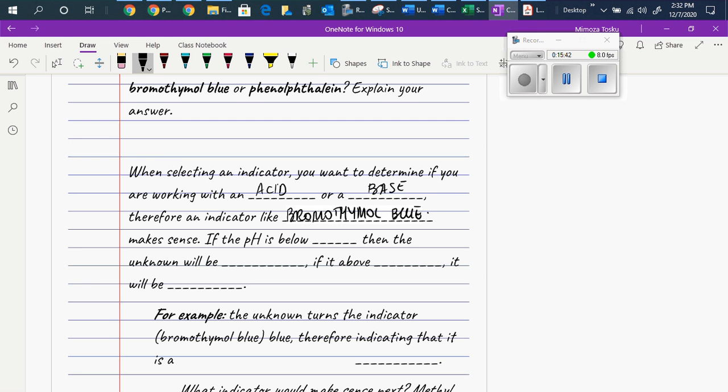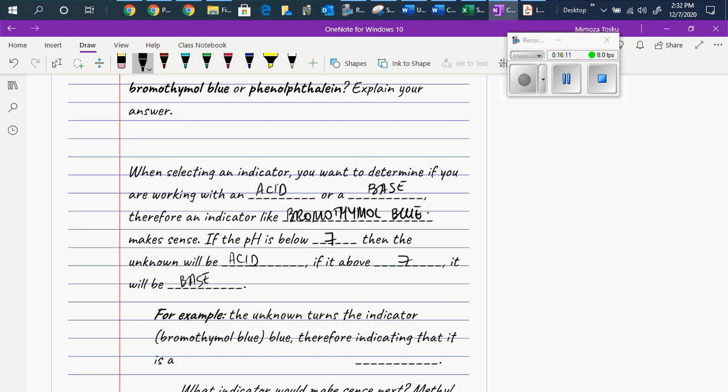make sense if the pH is below 7. Then if the pH is below 7, then the unknown will be an acid, as always. And if it is above 7, then it will be a base.